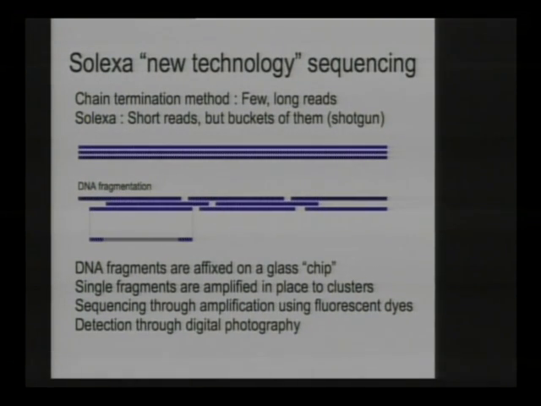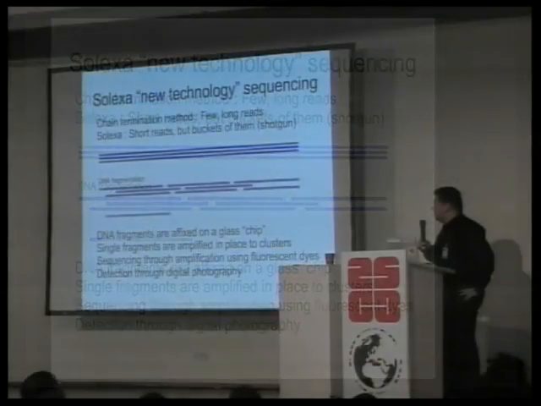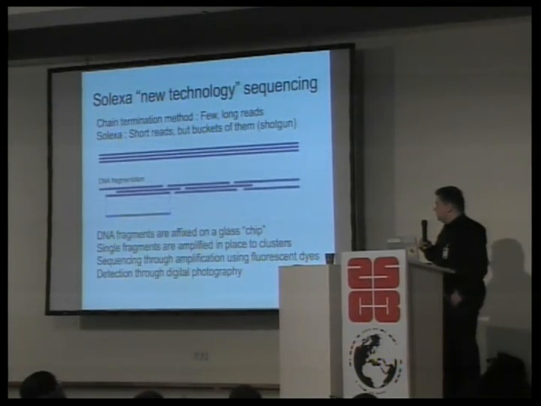And then they attach these fragments to glass chips. So millions and millions of these fragments now stick to a glass chip. And then they use a method called PCR to amplify this. So each single fragment becomes a cluster of thousands and thousands of copies of this special fragment.